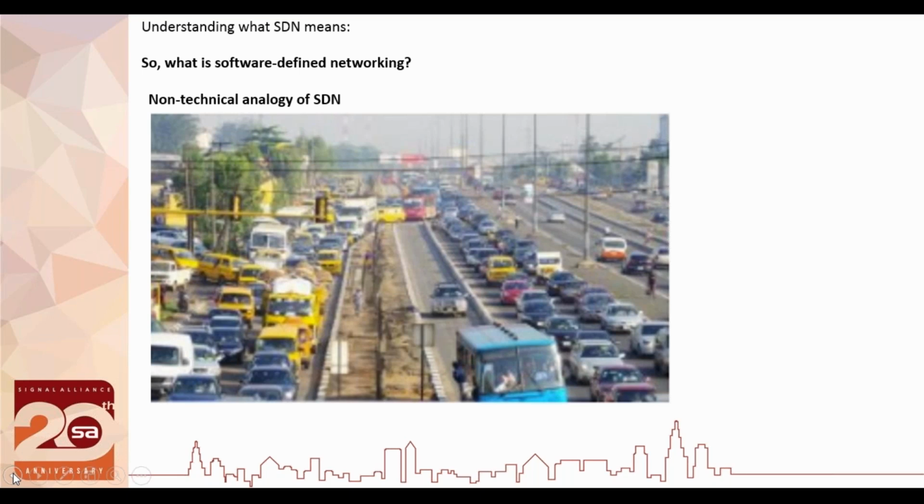If that is the case, then what the traffic light does for our roads or the law enforcement does for our roads is the same thing as what the routers and the switches will do in the network. But still, it is not optimized. The road has a lot of issues.